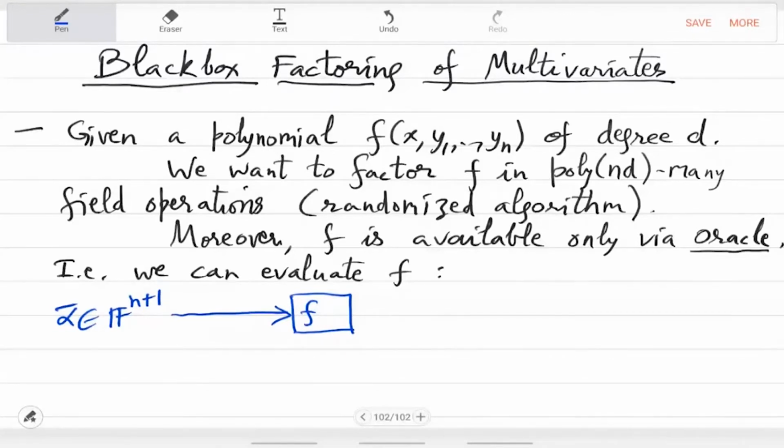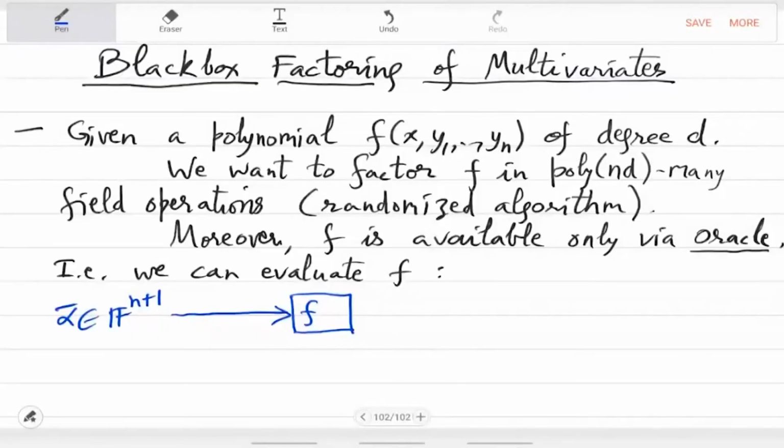I say field F, but it may also be a small extension of the field F. So the oracle will allow you inputs which are in small extensions of the field F. From that space you pick any point alpha bar, you feed it into the black box, and it will output a single field element, which is f of alpha bar.